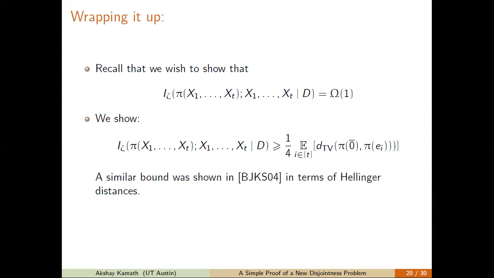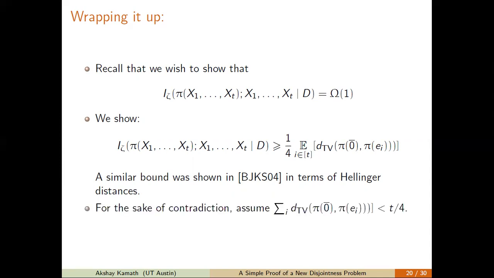We start off by showing that the conditional mutual information term that we wish to lower bound is lower bounded by 1 over 4 times the expectation of the total variation distance between the protocol on the all zeros input and the protocol on an input where only player I receives input 1, in expectation over all the players in 1 to t. A similar lower bound was shown in the paper of Bar-Yosef et al. in terms of Hellinger distances.